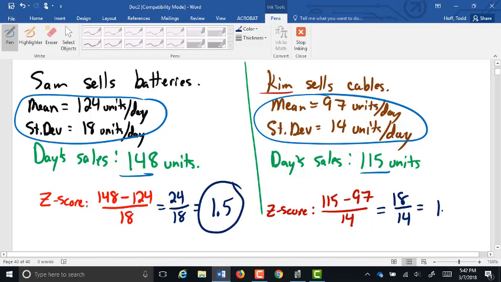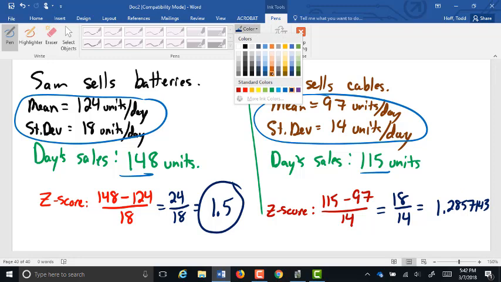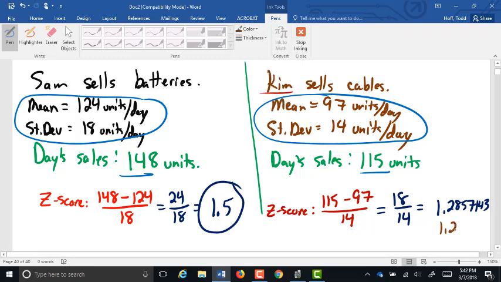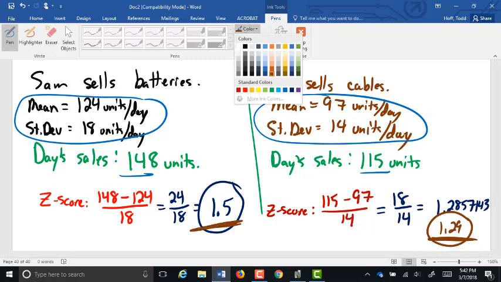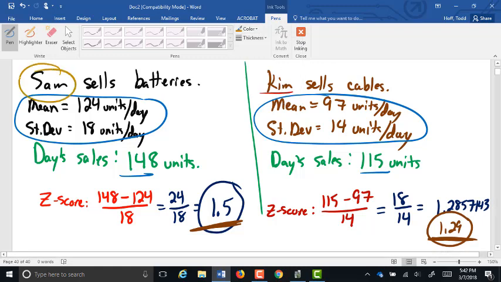Divided by 14 is 1.2857143 approximately. We'll call that 1.29. So Kim's sales is also above average, but only 1.29 standard deviations above average. Sam's is 1.5 standard deviations above average. So I would declare Sam the winner.